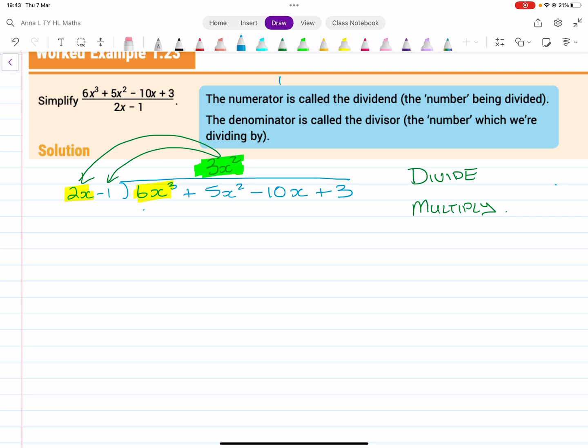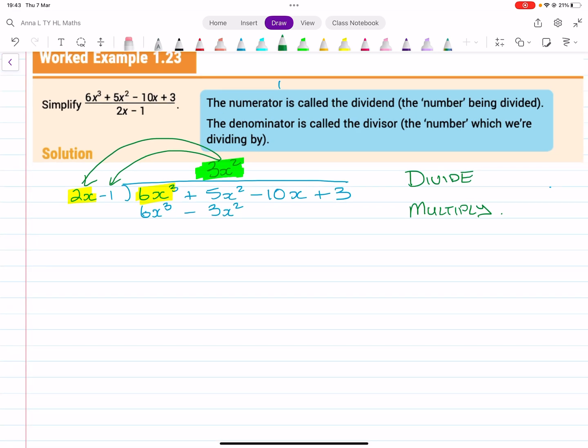So 2 by 3 is 6. 6x cubed. There you go. And then 3x squared by minus 1? Minus 3x squared. Good.